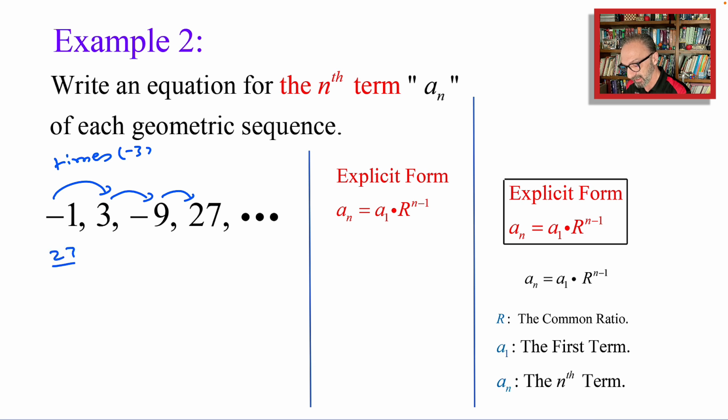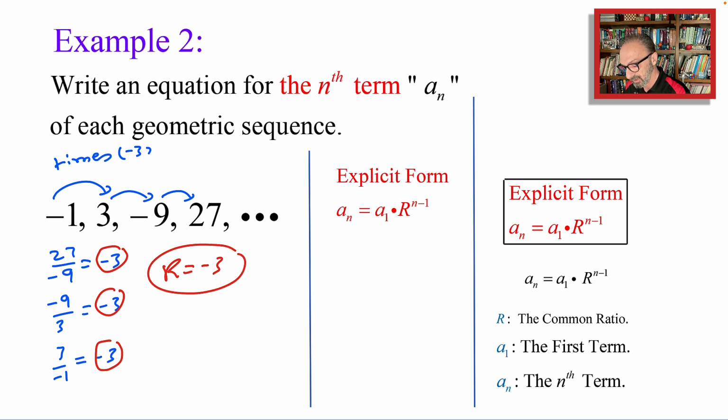27 divided by -9, that is -3. -9 divided by 3 is -3. 3 divided by -1 is -3. This is the common ratio. R is -3. So we know the common ratio, and we know the first term, which is -1.